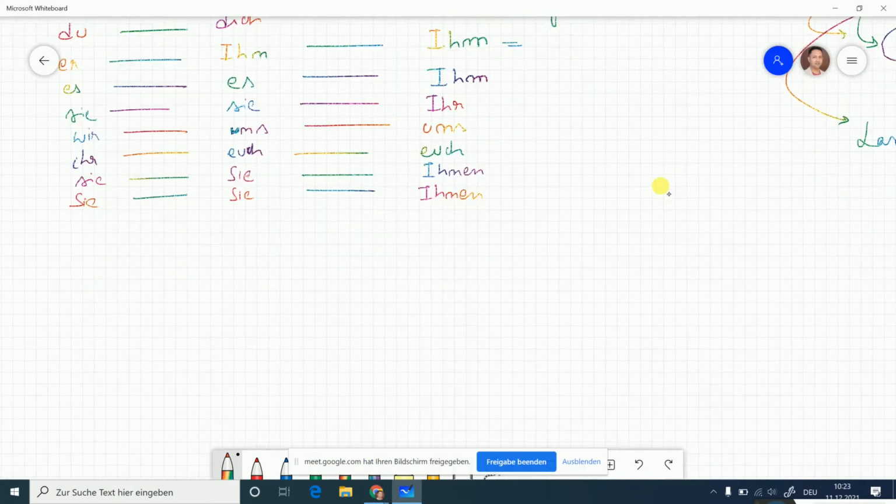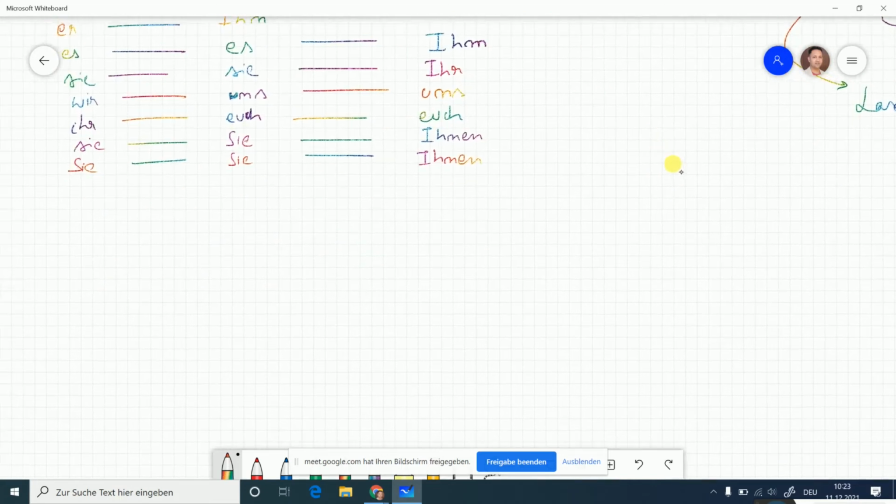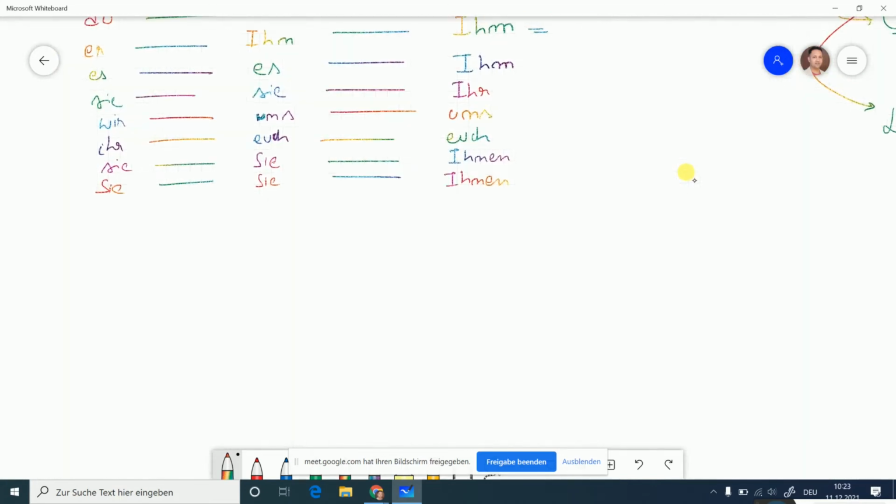All right, we will take a few more examples just to focus upon this dative story. Example: Der Mann hilft der Frau. Again it's a contrast here.